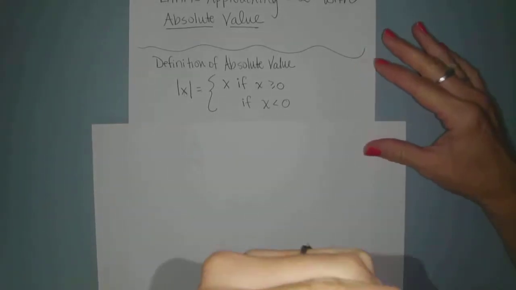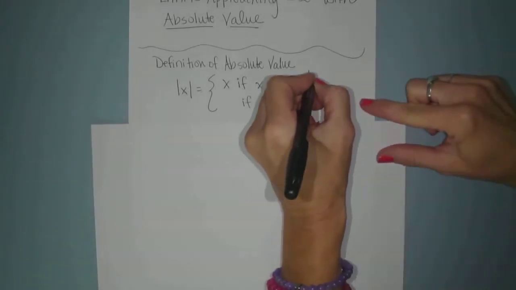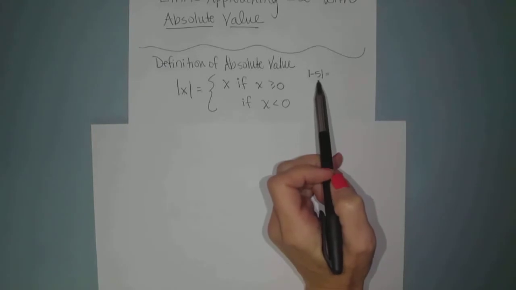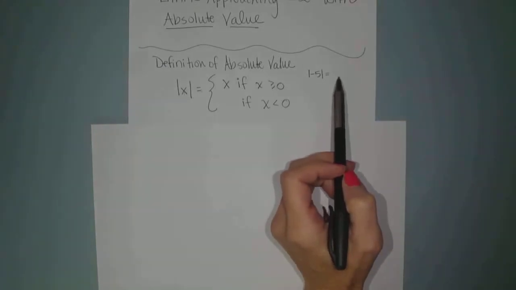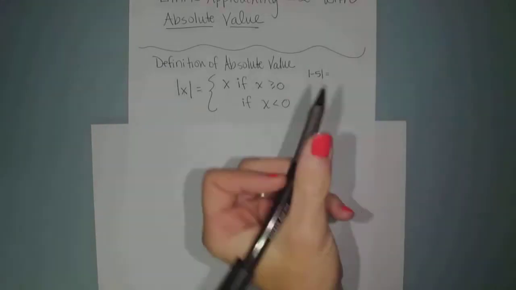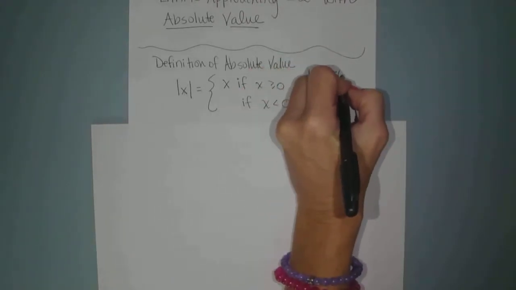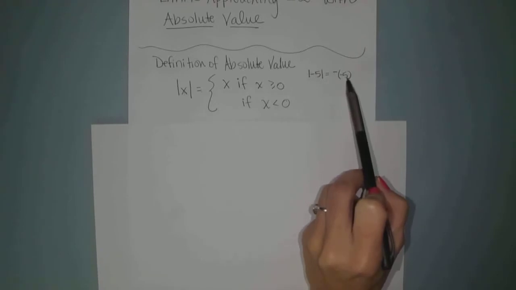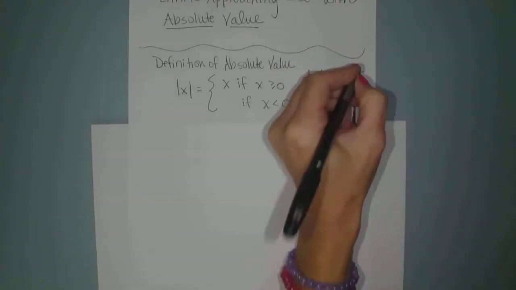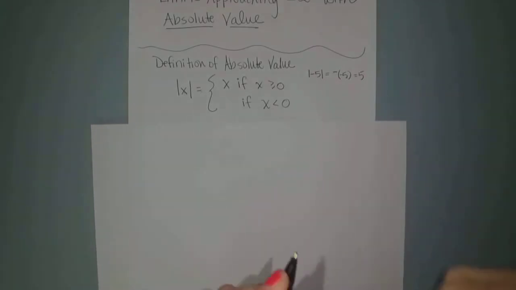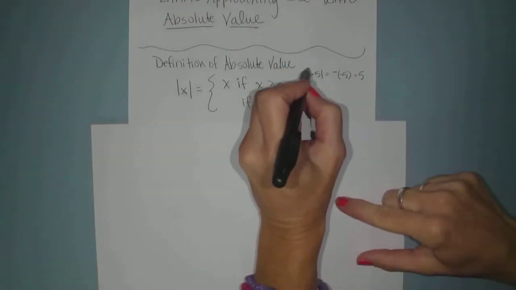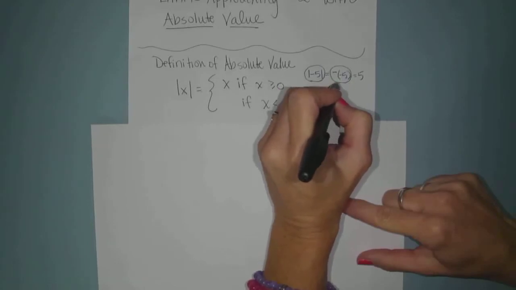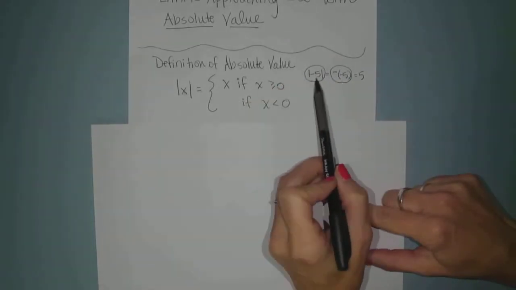Let's just actually look at an example. If I'm doing the absolute value of -5, well, we know that the absolute value of -5 is positive 5. The only way we can get that is to take the opposite of that -5. So you take the opposite of what you started with, and that gives you the answer 5. What's interesting is this notation right here and this notation right here essentially mean the same thing.